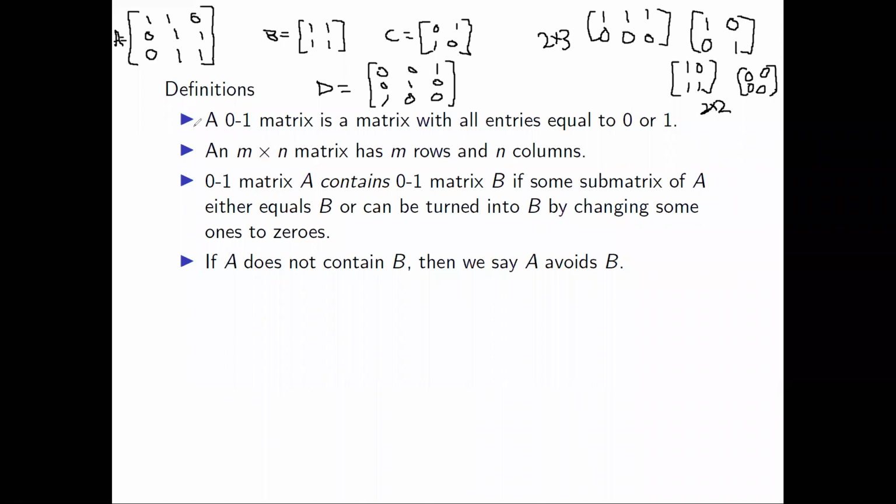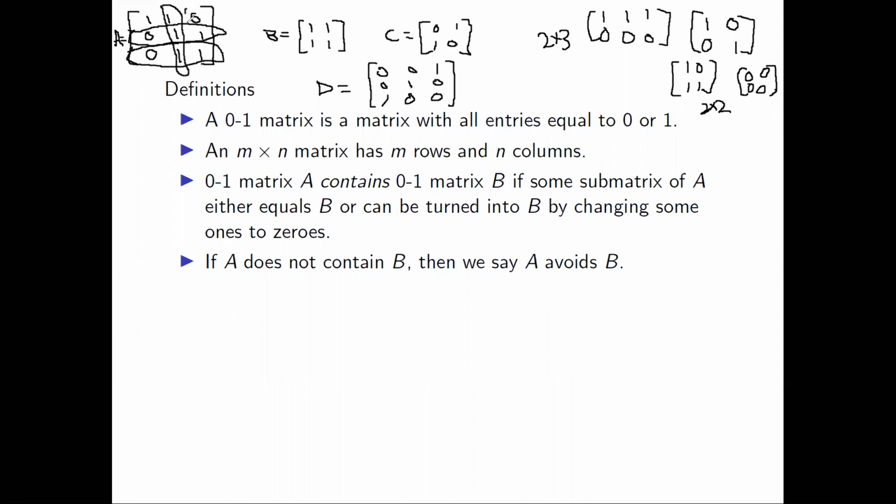So first, with A and B, does A contain or avoid B? Well, we can look at this submatrix of A, which has these two rows and these two columns.